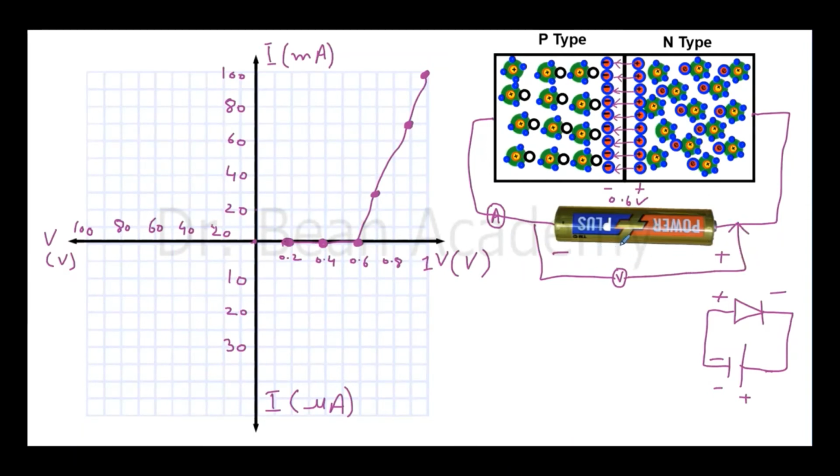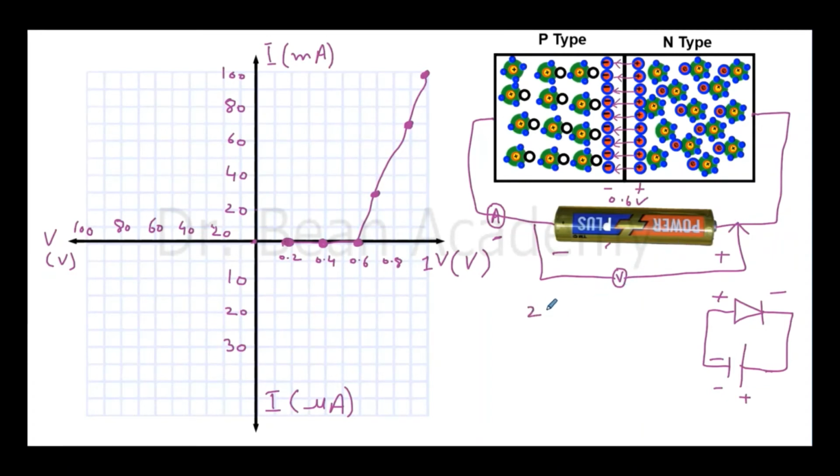Just imagine that I have a variable power supply where I can change the voltage values. I will start from certain values and keep on increasing, and note down the current values. I will populate a table of voltage and current values, and I can draw those values on the graph so that I can see the behavior of current when the voltage changes. So just assume that I am changing the value.